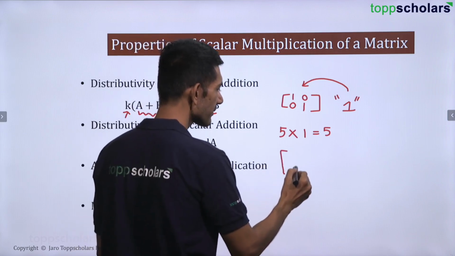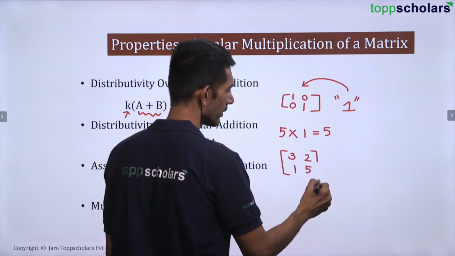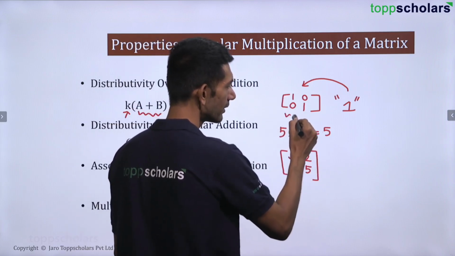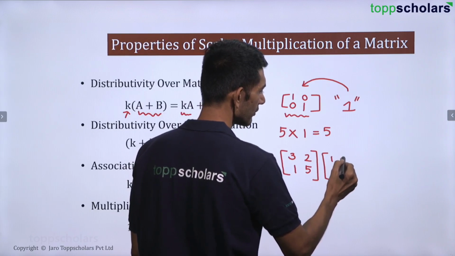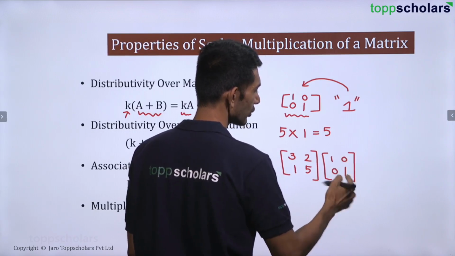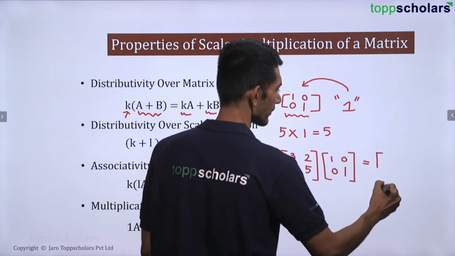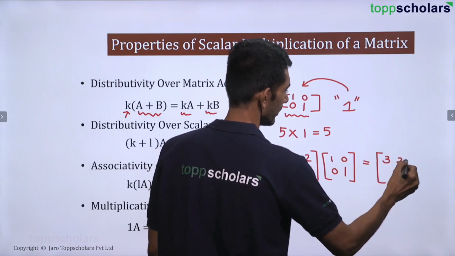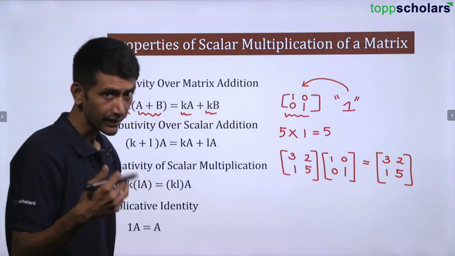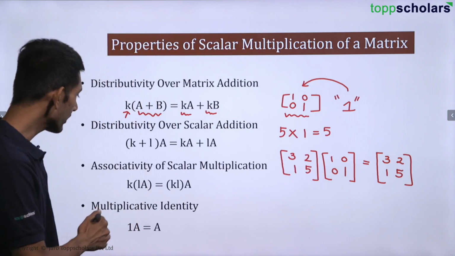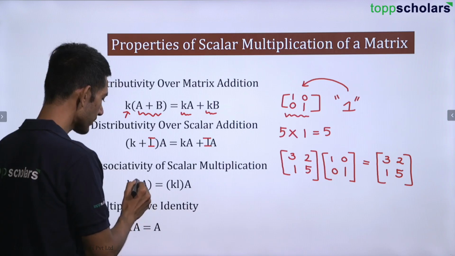But if you take a matrix, say 3, 2, 1, 5, and you multiply this with 1, but 1 is nothing but I here, that is 1, 0, 0, 1. So this is like your 1. You get the same answer, 3, 2, 1 and 5. But how do we multiply that? We are going to see in the multiplication of matrices, of course. So here, this is like your I, right? I hope this part is clear.